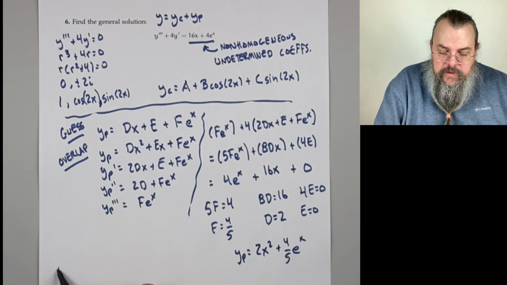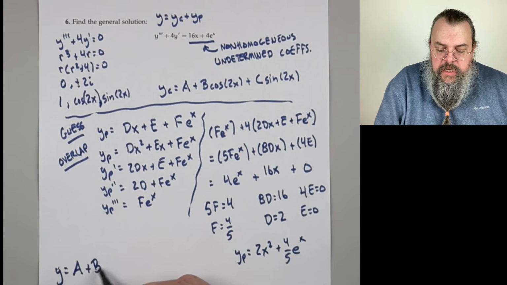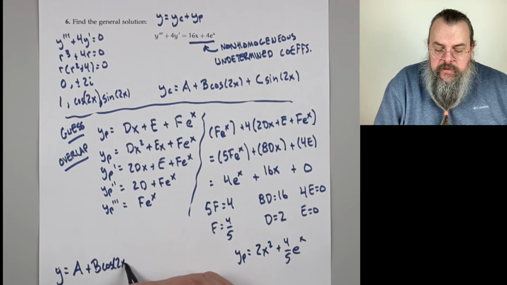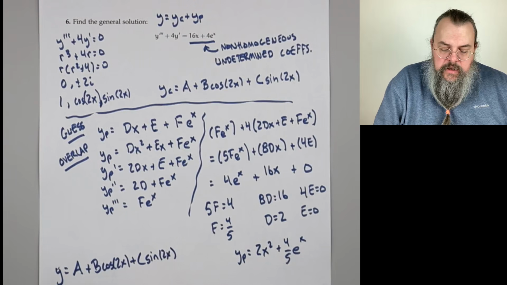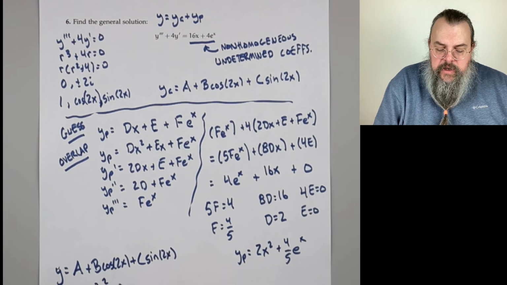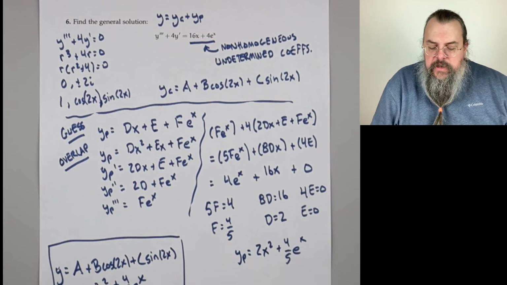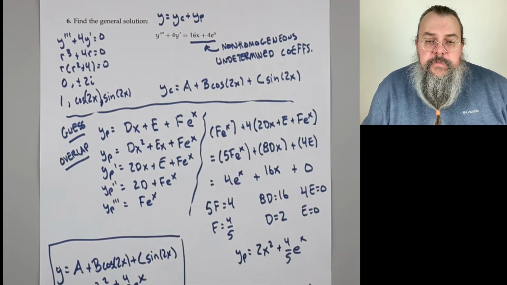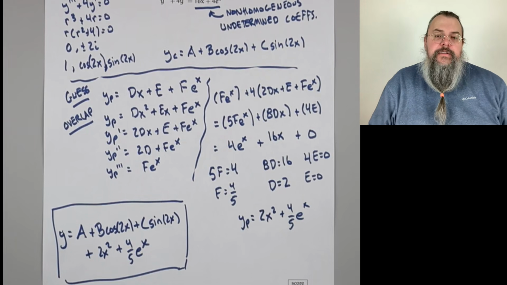So our final answer is a plus b cosine 2x plus c sine of 2x plus 2x squared plus 4/5 e to the x. And there we go. Life is good, and we have our answer.